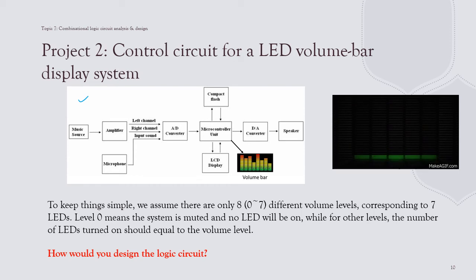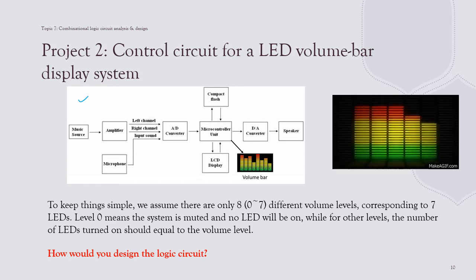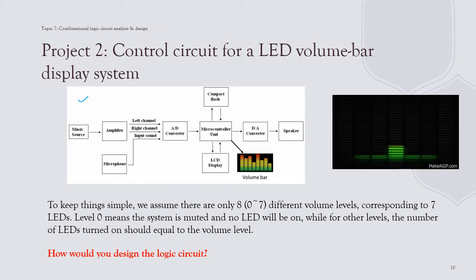So it needs to go to an amplifier, and also we need a microphone to input our voice, and this voice will be mixed with the music source. Okay, so everything is going through the AD converter because all the voice is analog signal, so they need to be converted to digital signal, then be mixed and processed in the microcontroller. Also, the volume control happens here.